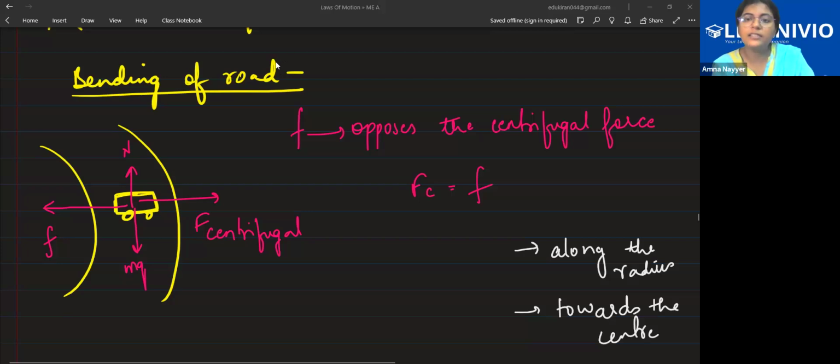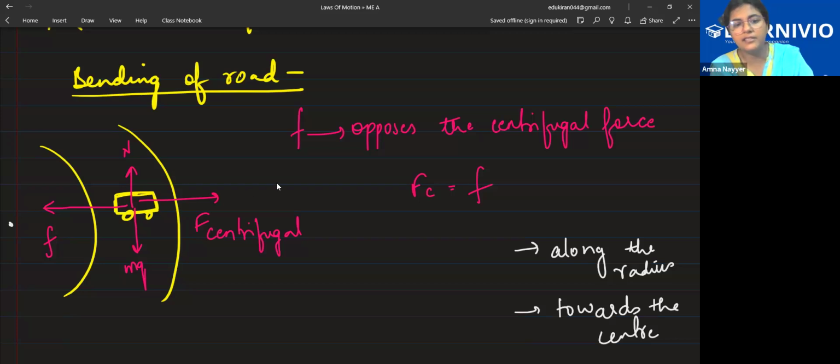Yes, Alina, your answer. No, it is not mg. Mg is acting downwards. Look at the frictional force. See, if this is the portion of the circle, the center must be here somewhere. So this is acting towards the center and along the radial path.